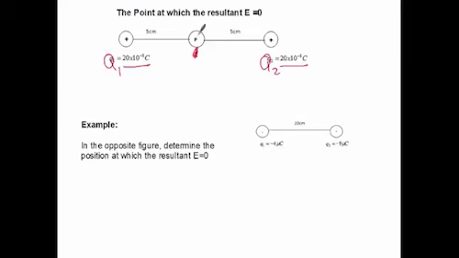We want to get E at this point, because you know that E equals KQ over R squared. So this point has 2 electric fields, it is affected by 2 electric fields.